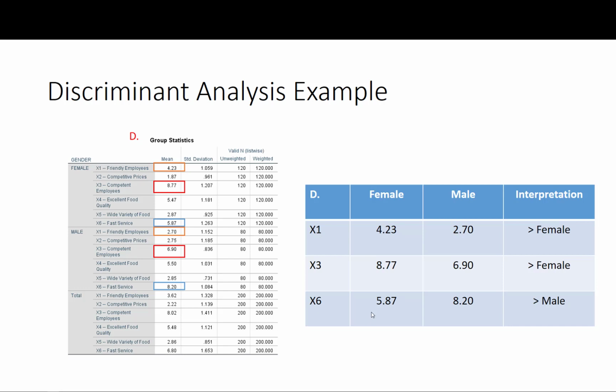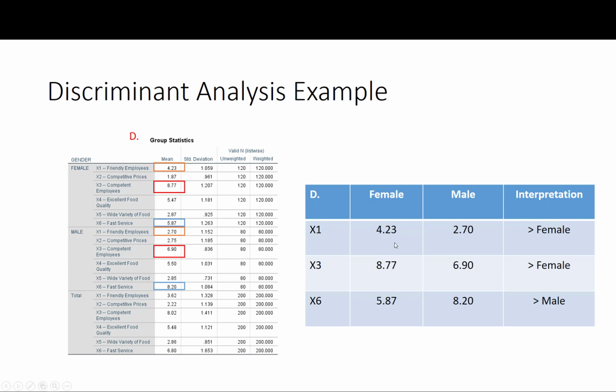And then in terms of interpretation of what is being predicted by these useful independent variables, the ones that we have been left with are X1, 3, and 6. So we then look at the group statistics which show the mean scores for these variables, and I have reconfigured these into a table that makes it much easier to interpret.